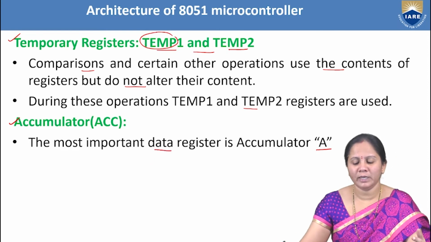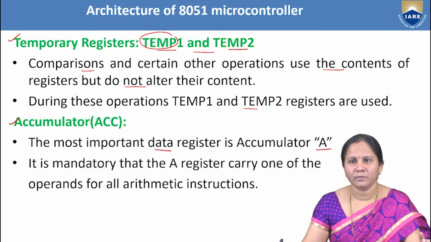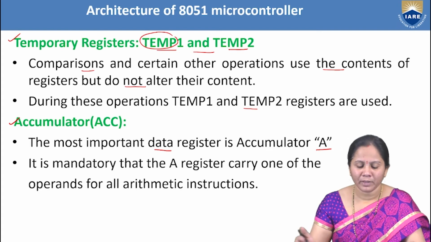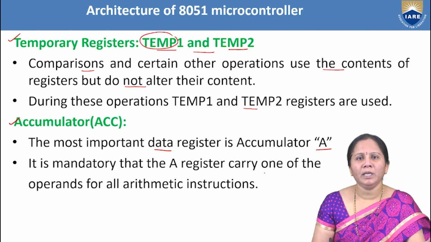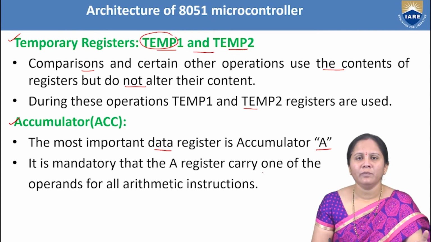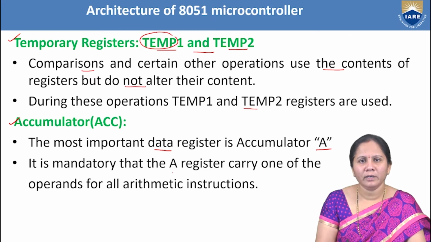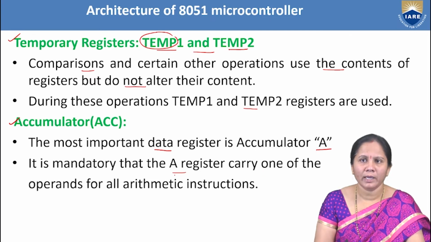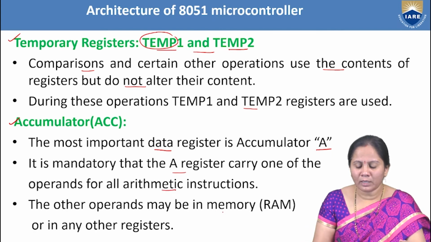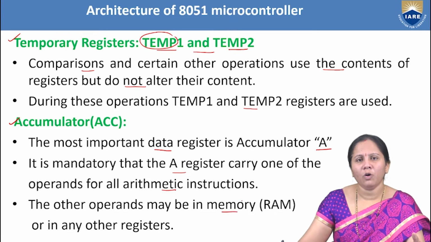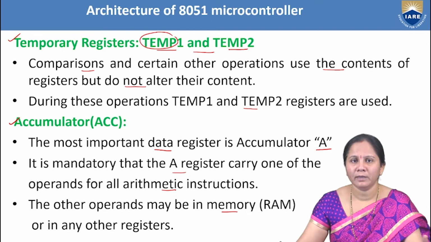The most important data register is the accumulator, represented as A. While performing any arithmetic operations, we need to take two operands as inputs. We can store one operand in register A, and the other operand may be kept either in RAM or in another register like B.